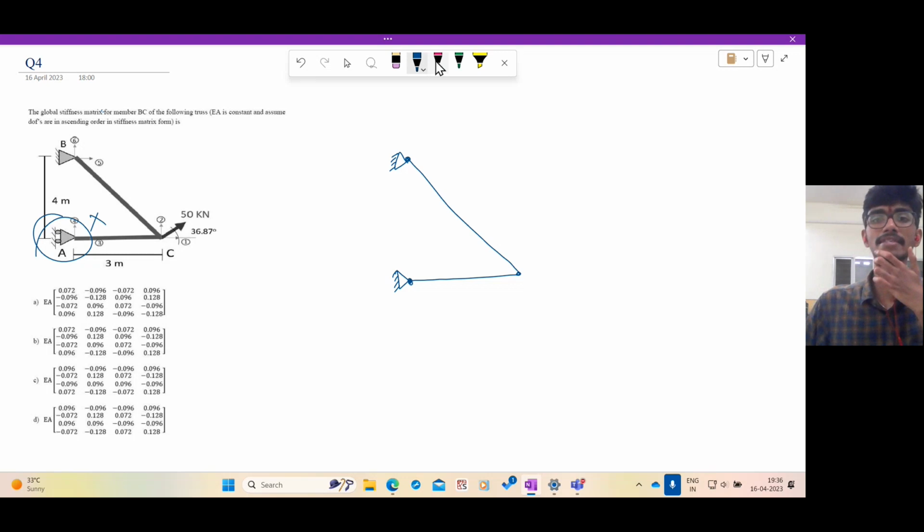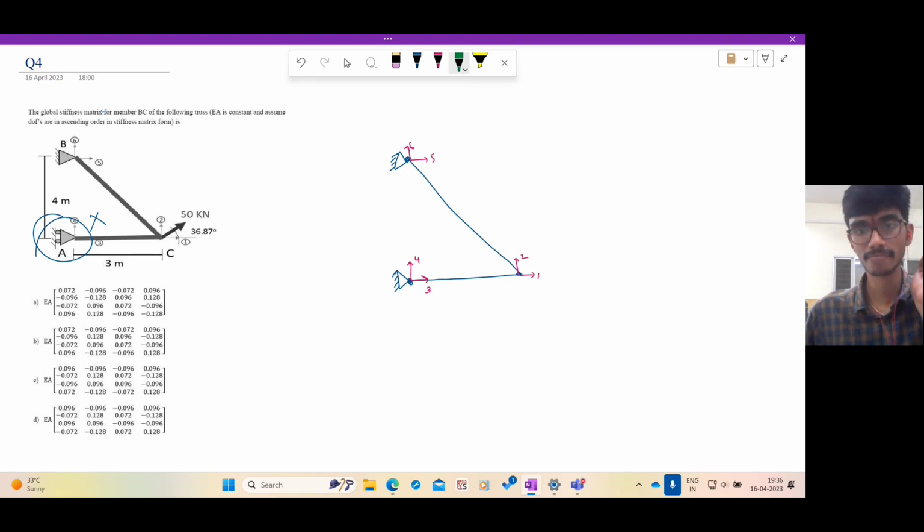And in this, let us mark the degrees of freedom. They have already marked it. This is 3, 4, 1, 2, 5, and 6. And we have the applied force at this point, which is 50 kilonewton times cos 36.87. You know that cos 36.87 is 0.6.